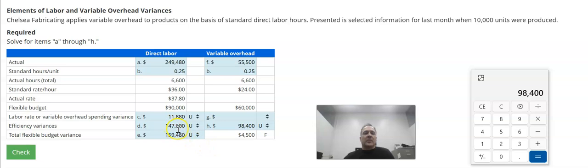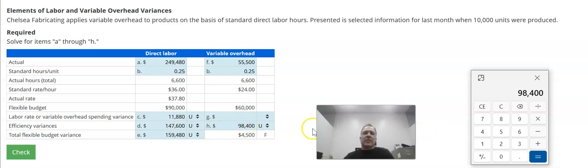Notice that it was 147.6 over here for requirement D. But the reason that it's more there, hopefully we can understand, is because of the higher rate. We were using $36 over here, and then just the 24 here.